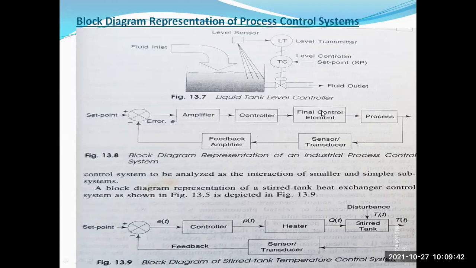In process control industries, it is sometimes a control valve, sometimes a speed control motor, sometimes a conveyor, sometimes an electric motor. It takes action to implement the decision taken by the controller.